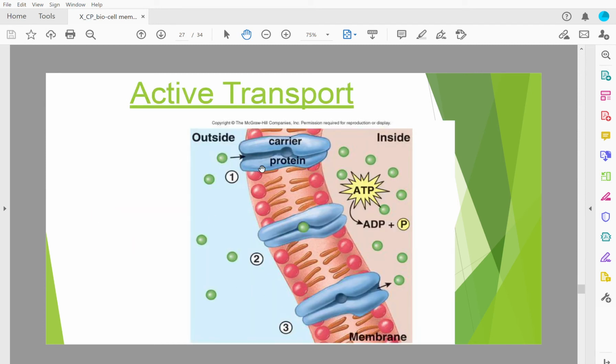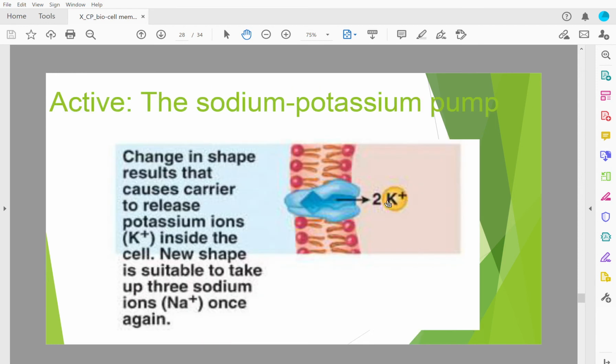All right, here's a carrier protein, so it's going to lock it into place with the proper shape and move it across the membrane. Here is energy. ATP is adenosine triphosphate, which is energy required in order to push that across the membrane. So if you see ATP, you know it's causing it to have energy required.